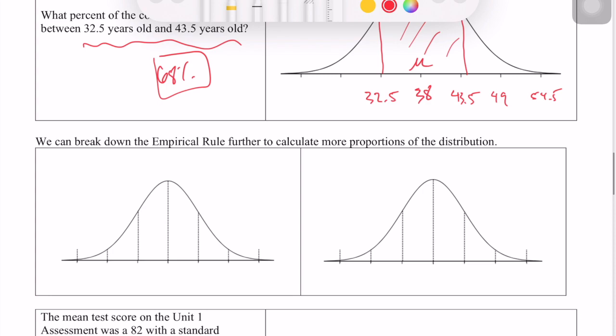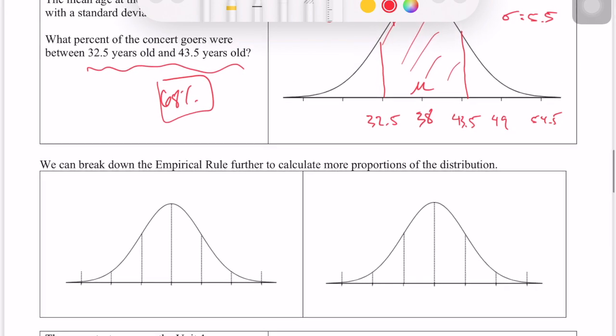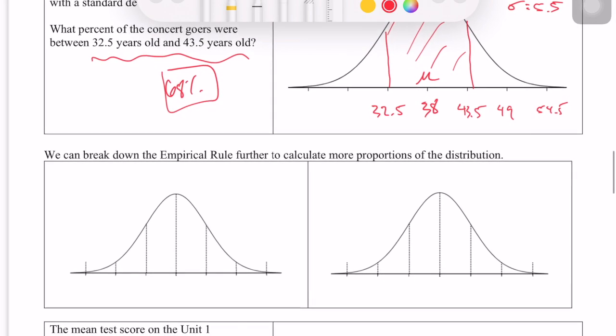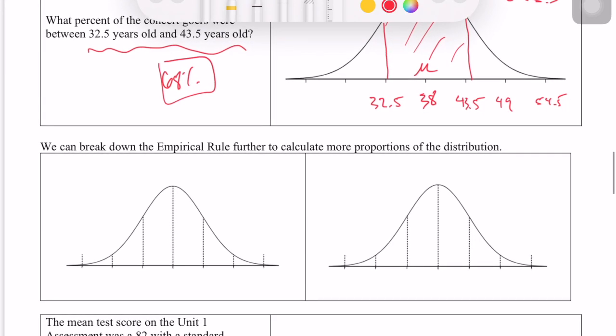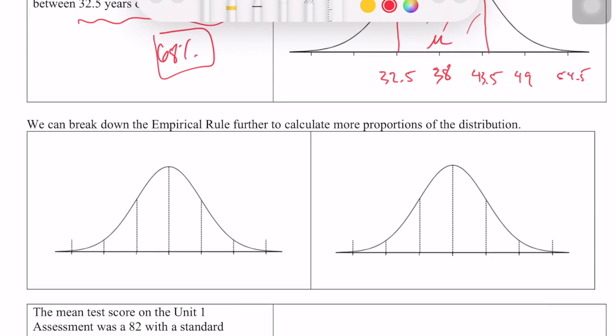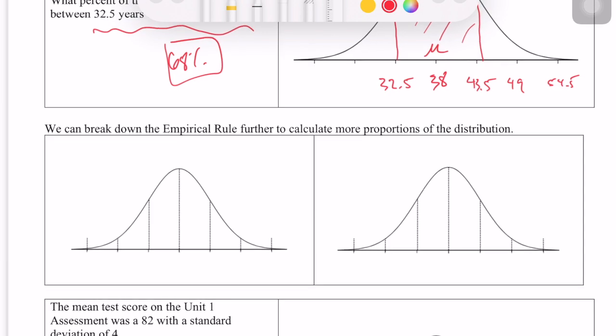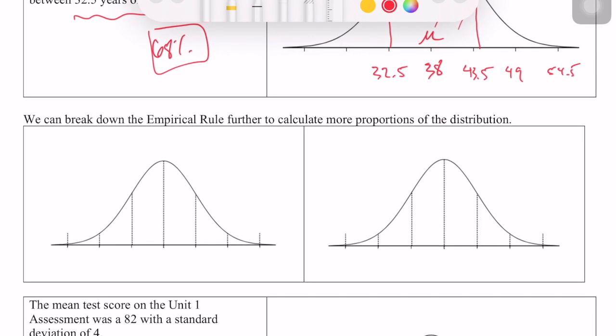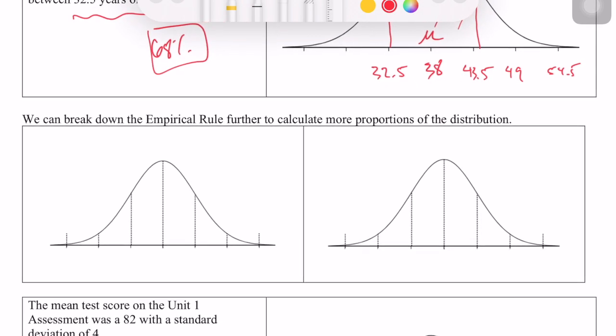The empirical rule helps us really understand the normal distribution better. It's kind of like a stepping stone. It is kind of a dull tool. However, it does give us an easy understanding quickly. It's worth our time to inspect this normal distribution and the empirical rule a bit further.